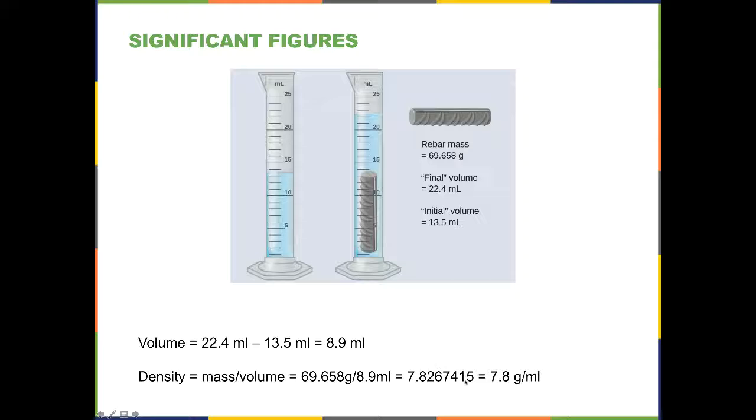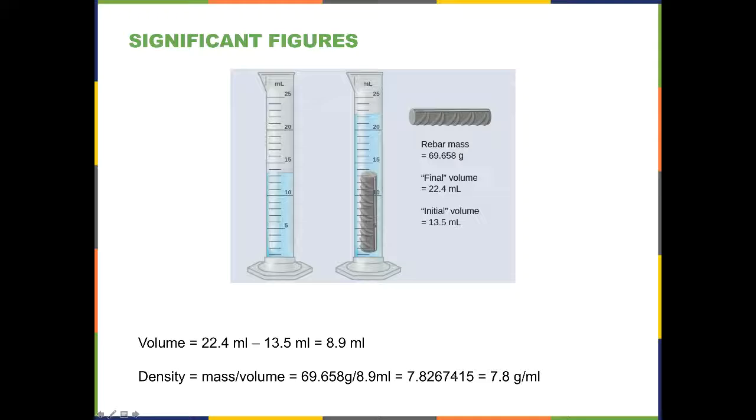But how certain are we of any of these numbers? Okay, we can only be as certain as we are of the least certain number, and the least certain number is this 9. Remember? Because these were the significant figures here, so our answer can only have to the tenths place because that's the last certainty.